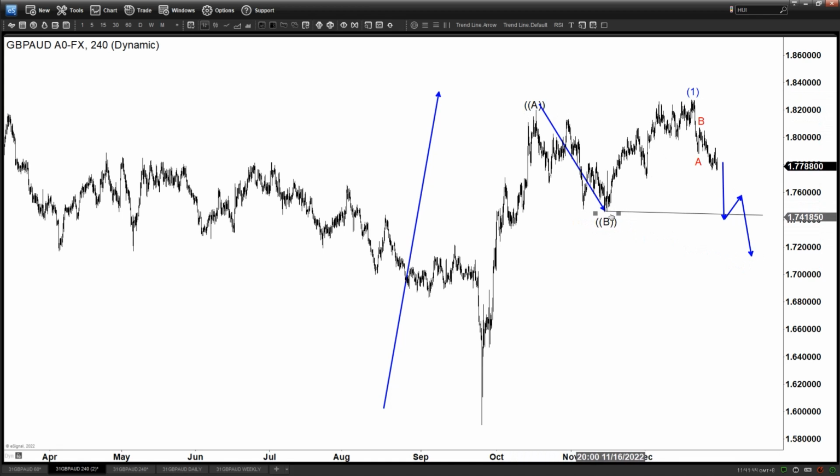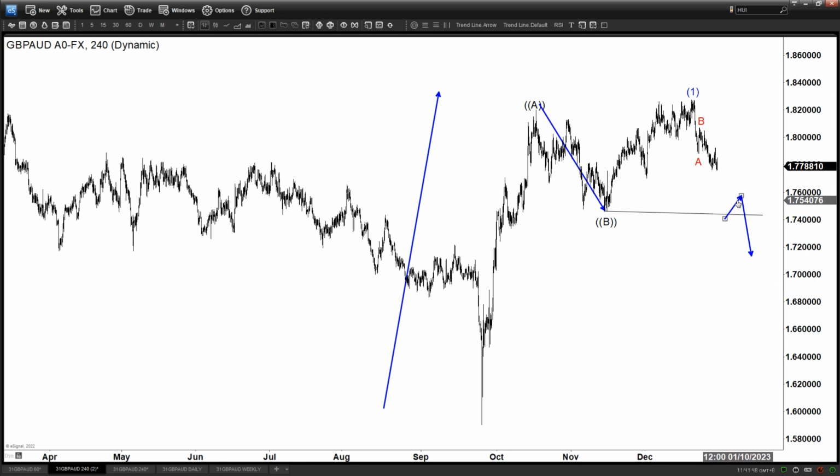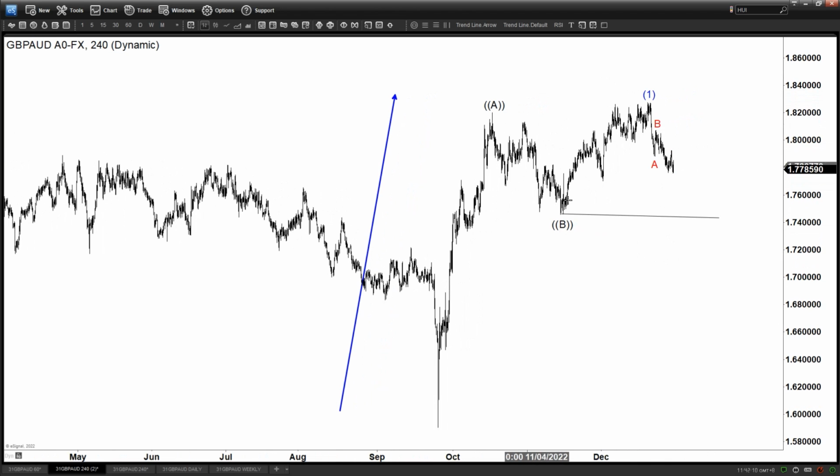But again, typically we will not try to forecast an expanded flat, because a lot of times people abuse expanded flat because of their bias. So for example, if my bias is bearish, no matter what, if it makes a new high, I would say it is an expanded flat because I believe it is bearish, right? So we try to avoid that.